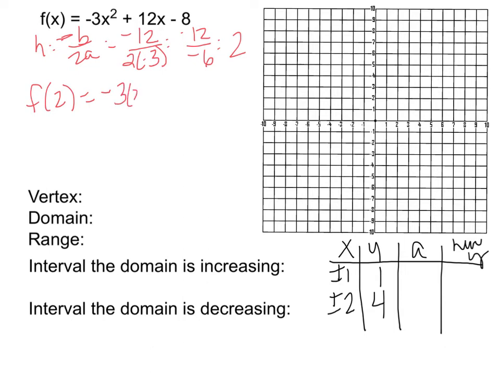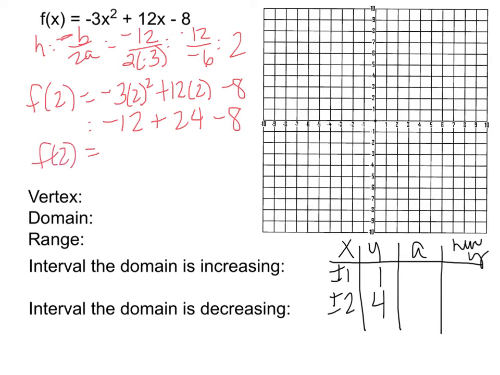Negative 3 times 2 squared plus 12 times 2 minus 8. So 2 squared is 4 times negative 3 is a negative 12 plus 24 minus 8. So f of 2 in this instance is going to be 4. So my vertex here is 2, 4.